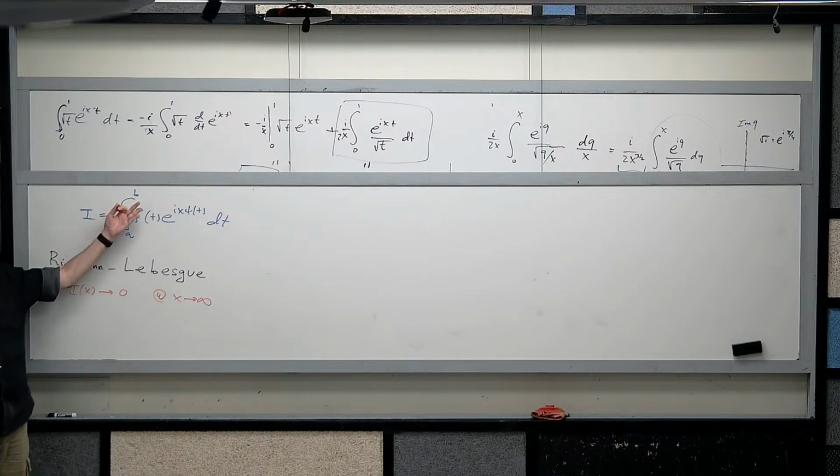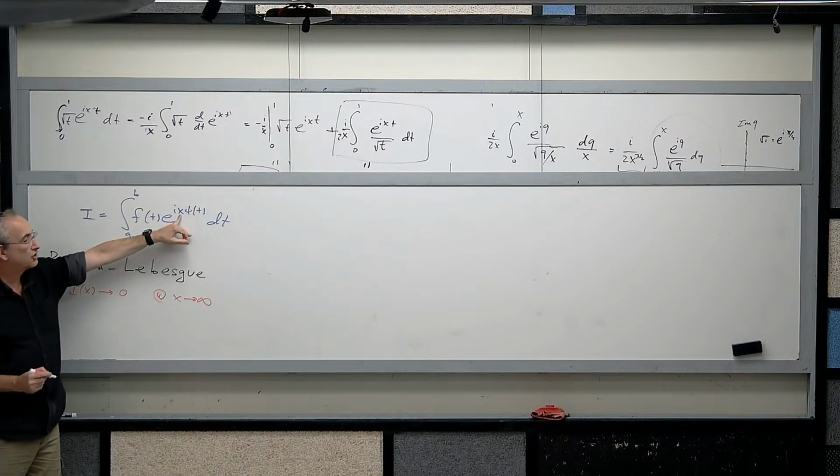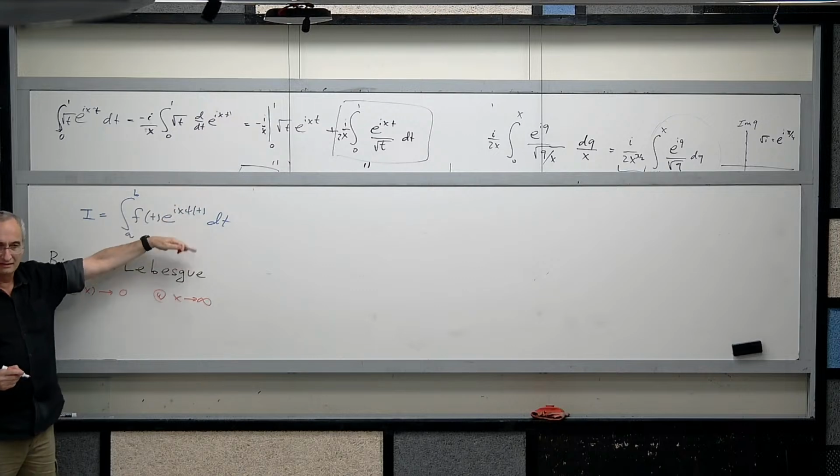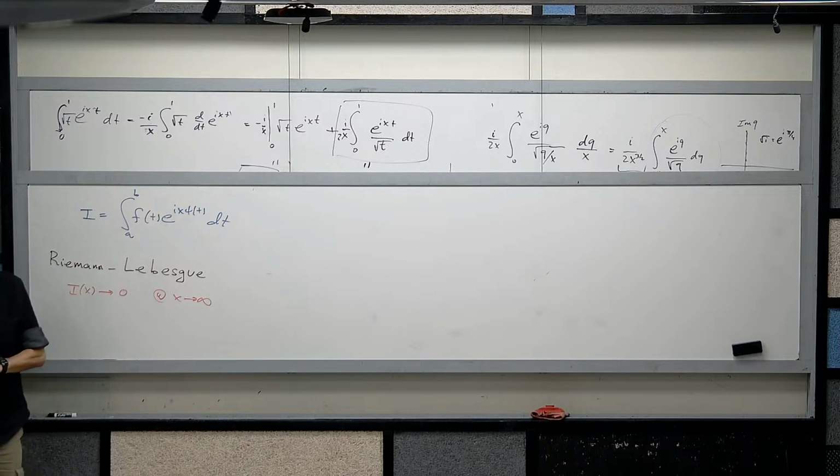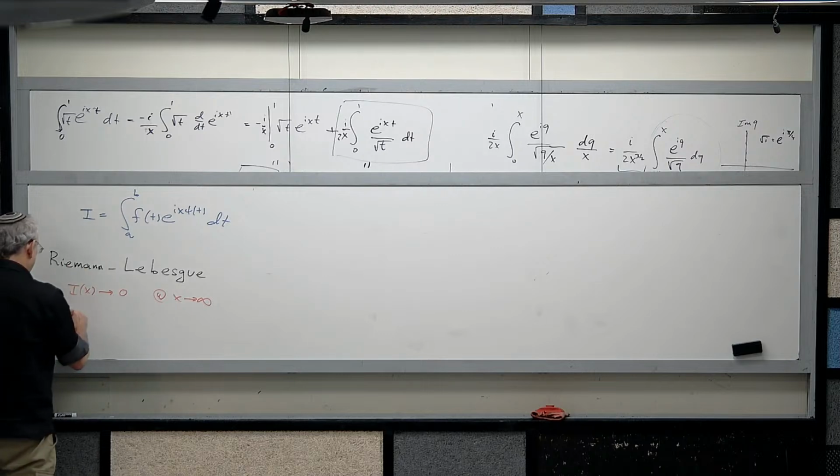Because, as I told you last week, the oscillations will kill the integral. Okay? You see the point. What are the conditions for the Riemann-Lebesgue theorem to hold? First of all, psi is not a constant.